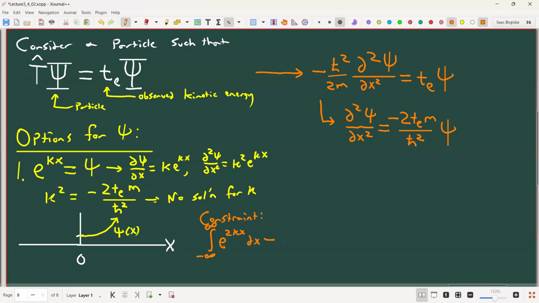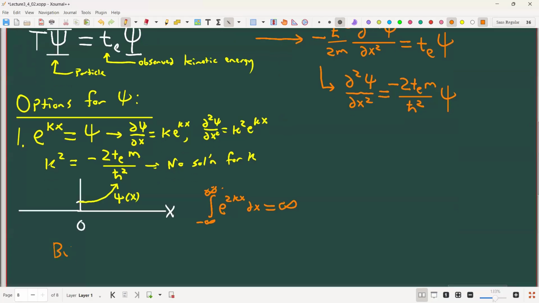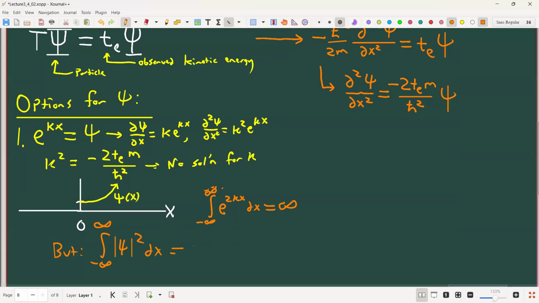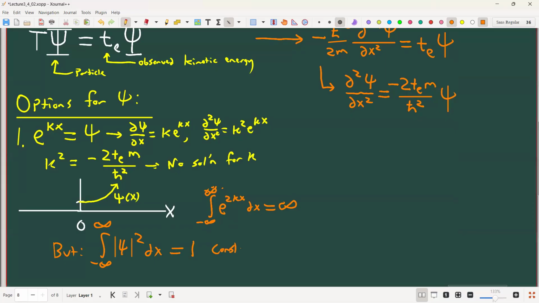Well, what's this integral? Well, it's infinity. Let me write this constraint. So the integral of psi squared is infinite, but we know by law that the integral of psi squared must be equal to 1. This is our constraint.